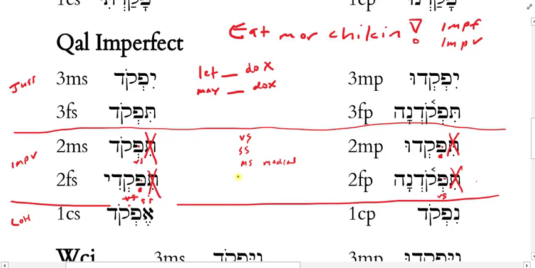All right. Now for the cohortative to say, let me do something, may I do something, or very strong affirmation, I will do something, we are going to not chop off the head. Only the second persons chop off the head. Think Alice in Wonderland. Remember what the queen was always yelling?